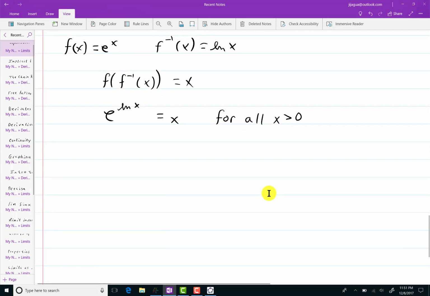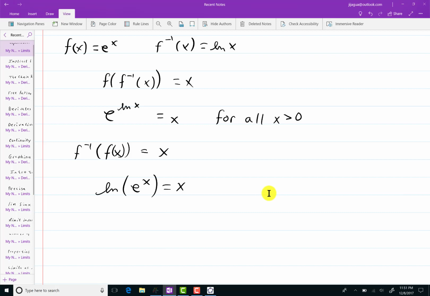On the other hand, we have f inverse of f of x is also equal to x. So then the f inverse was ln, so I'll replace f inverse with ln, and f was e to the x.